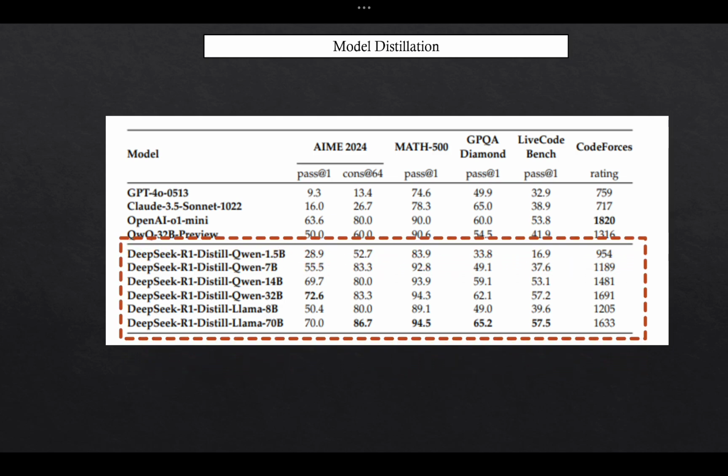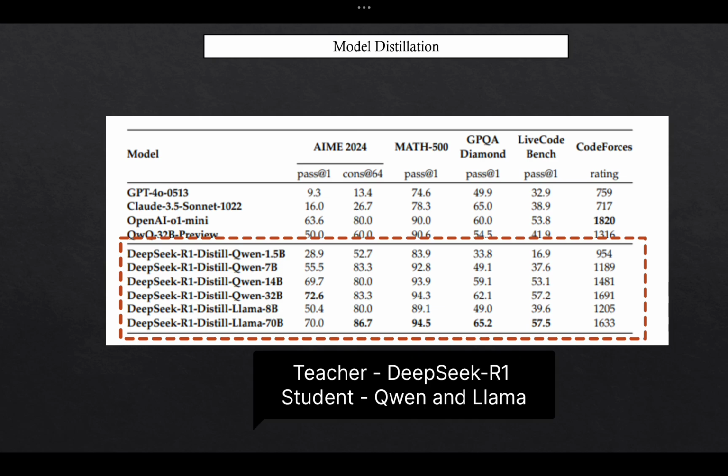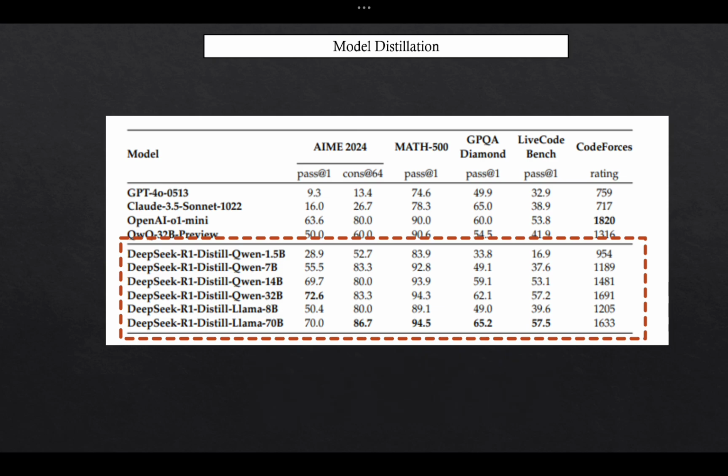Those series of distilled models are related to Qwen 1.5 billion model, Qwen 7 billion model, and the 14 billion and 32 billion models. They have also created distilled models in terms of 8 billion and 70 billion models, and if you compare with the performance of other reasoning models, these models are performing quite well, and the performance benchmarks are quite good if you compare with the other models, right?